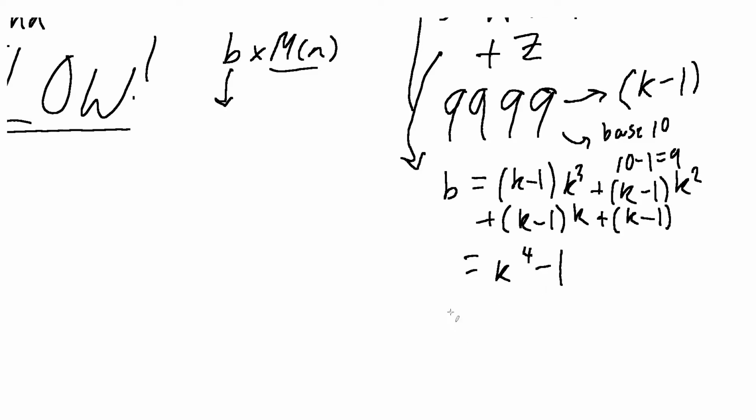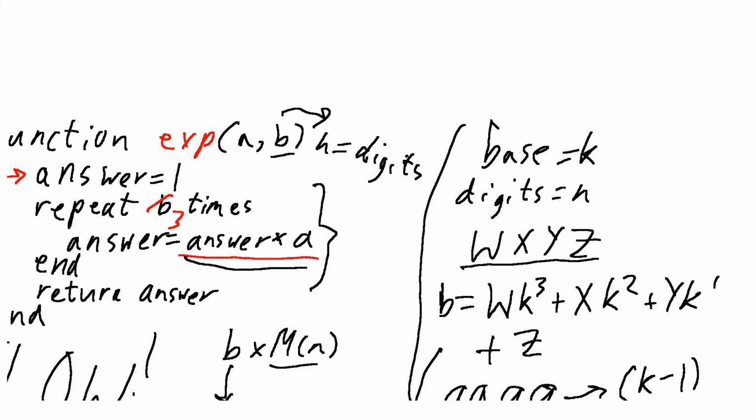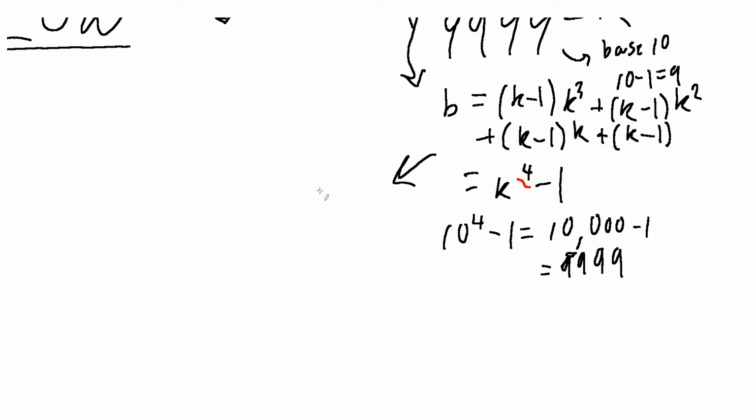Much like in base 10, if we have 10 to the 4 minus 1, that's 10,000 minus 1, which is 9,999, the biggest possible 4-digit number. As we can see, this is a 4-digit number, and we have the power equal to 4. So this trend does continue to any amount of digits we have. So in the worst possible case, b equals k to the power of n minus 1.